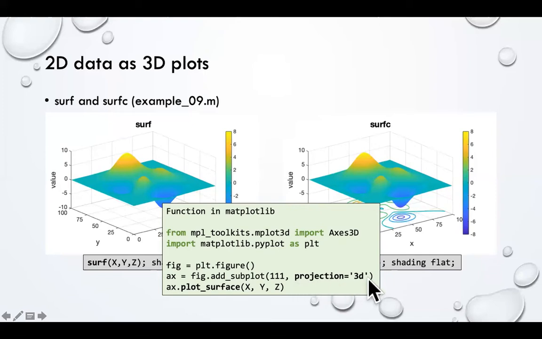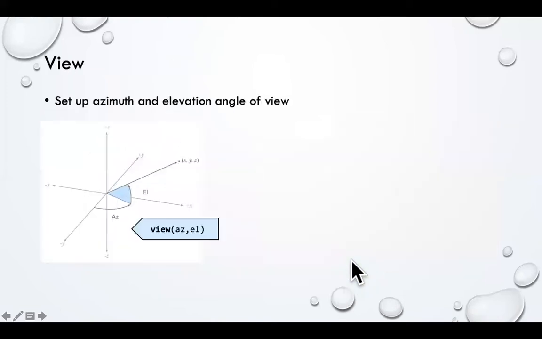So Python or your Jupyter Notebook knows you want to see the figure as 3D instead of just a flat 2D plot. And we use this command plot_surface, and with the same variables you listed over here, you can get exactly the same plot. That's a little bit different from Matlab.